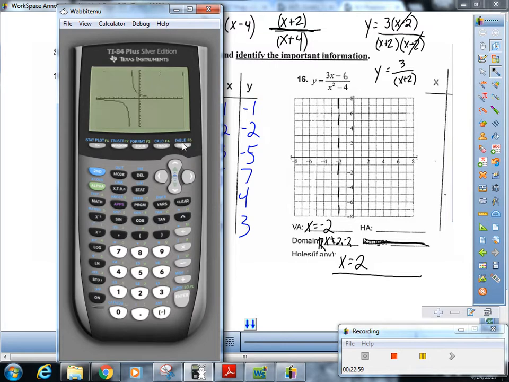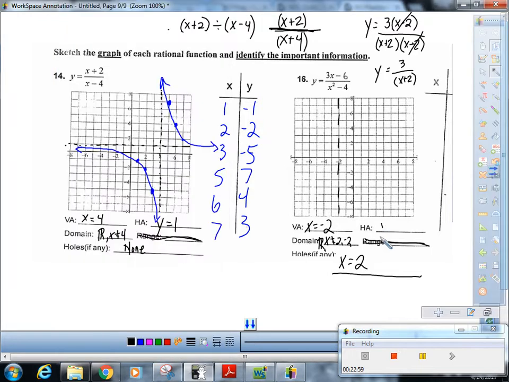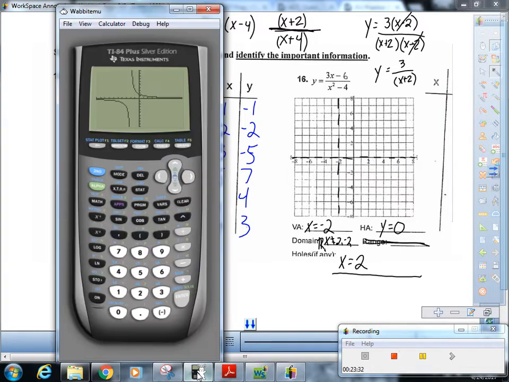Let's see if it has a horizontal asymptote. It does. Okay, it's more expectable. And where is the asymptote at? Yep. y equals 0. So let's dot that one. And let's go back to our table and find some values.